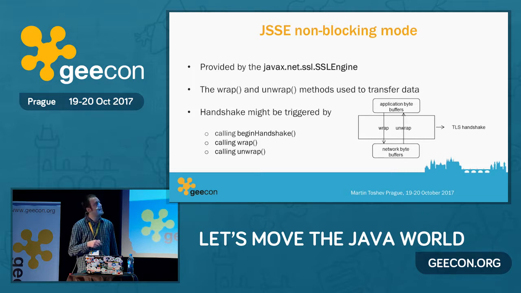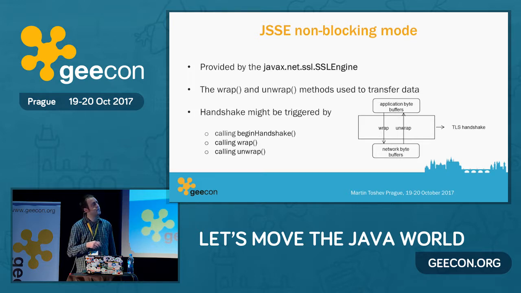Then the SSL Engine takes the responsibility to fetch messages from those buffers and encrypt them using the wrap method and send them to the network byte buffers. Those network byte buffers have the responsibility to send those messages to the SSL server. And that basically is a non-blocking operation.